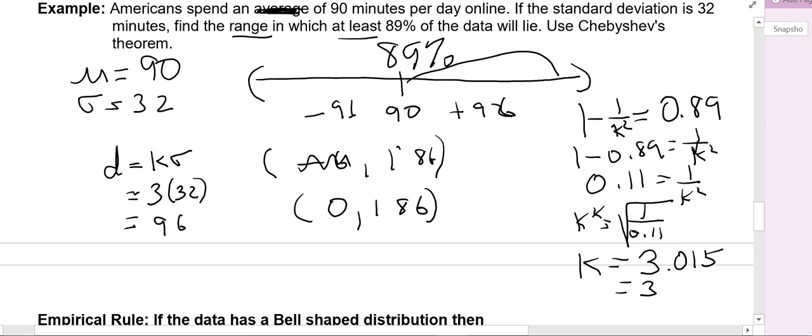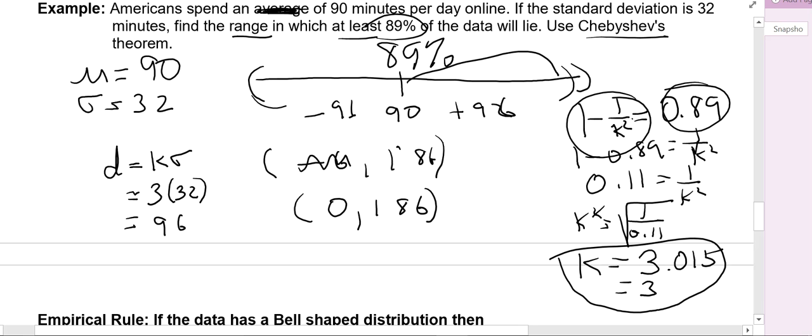So let's just review this right quick, and then we're going to move on. Again, I was given the percentage of data, so I needed to find the interval. I know the relationship between the percentage and the number of standard deviations is given by Chebyshev's theorem. I solved this for k. You need to work this out. This is not an algebra class.